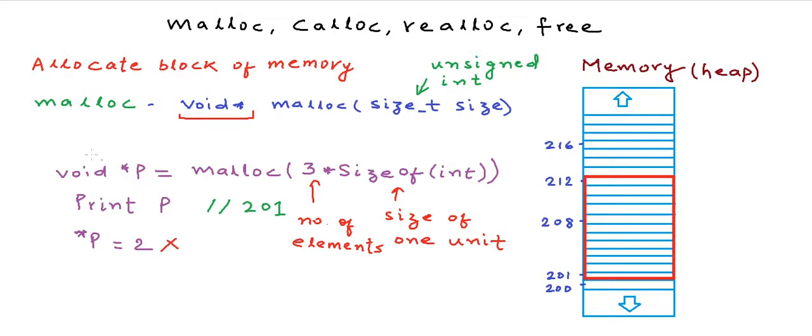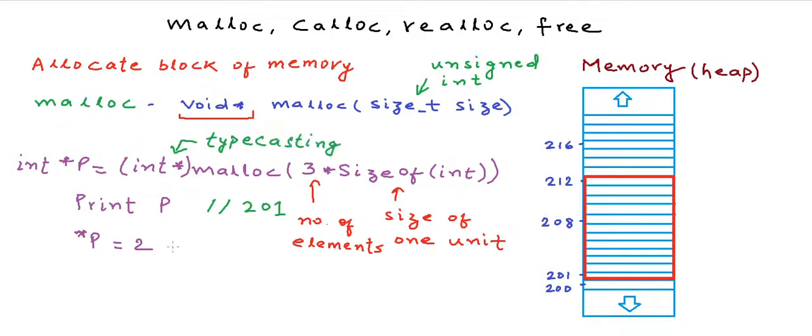So here we will write something like int *p. Instead of a void pointer, we pick a pointer to integer because we want to operate with integers. So to dereference, we need an integer pointer type. So we do the typecasting here of the void pointer, and now this statement is valid.